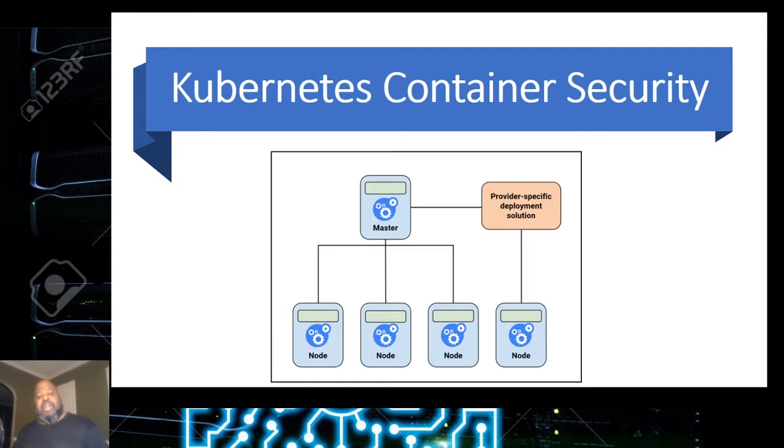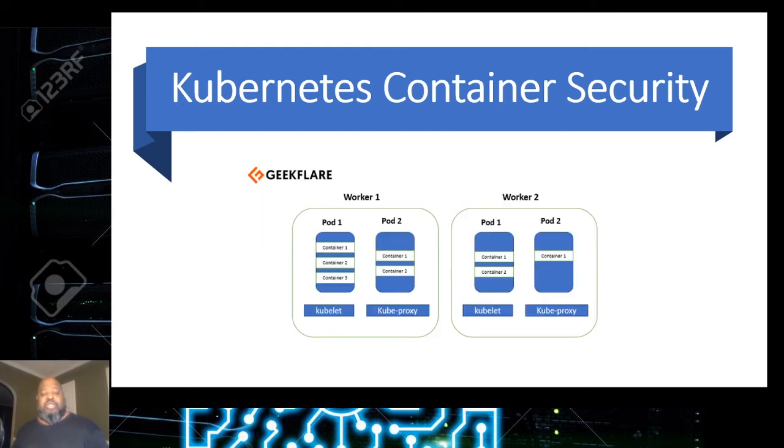So in the diagram, you have the master node at the top controlling each worker node at the bottom. It does all the scheduling, resources, and provides specific deployment solutions. The master handles all that communication, and the term for that is orchestration: orchestrating communication, orchestrating database spin-ups. The master handles all of that.